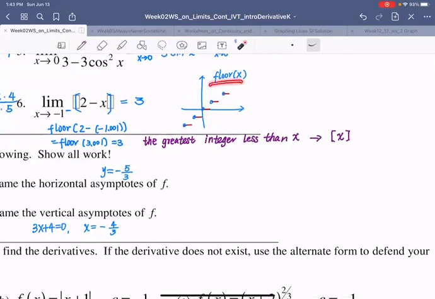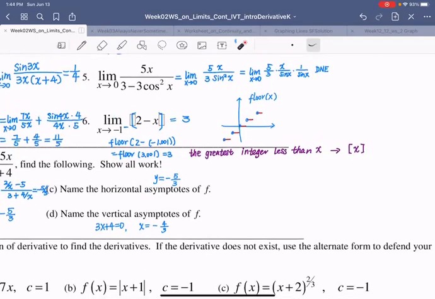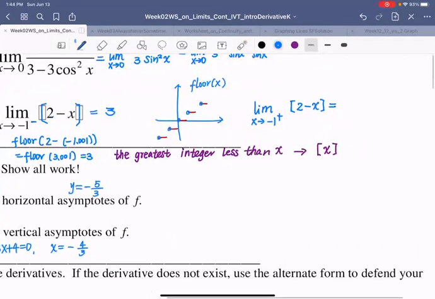And the graph of floor x looks like this. You see, if I try negative 1 from the right, what will happen? If the question changes to limit x goes to negative 1 plus, let's check a number. That means I'm checking 2 minus negative 1 plus.